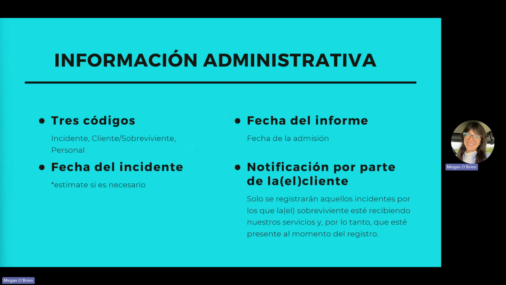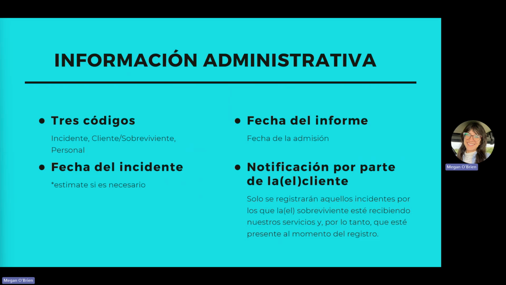Next, you'll have the report date. This is the date of the initial intake with the survivor. So this is the date where you first meet with the survivor and go through the intake process. The incident date, which can be estimated if necessary, is the date that the GBV incident occurred.